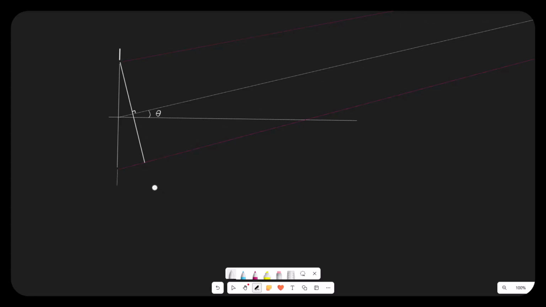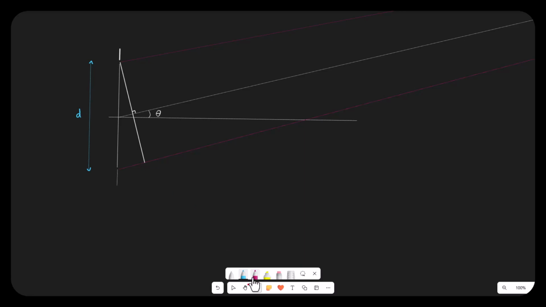And what I would like to do is take a look at just this path length difference here. What I do know right away is that the distance between these slits I said was equal to D.